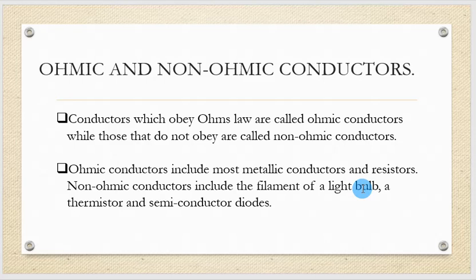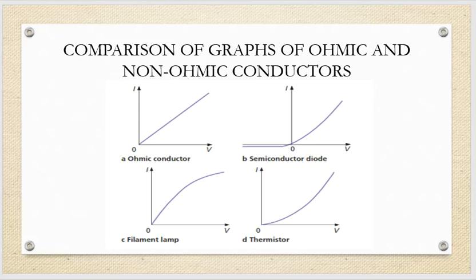All right, so from here now, let us look at how graphs of ohmic conductors look as compared to graphs of non-ohmic conductors. The first graph you see here is a current-voltage graph of an ohmic conductor. So you can see it's a straight line like the graphs we had in the first case.